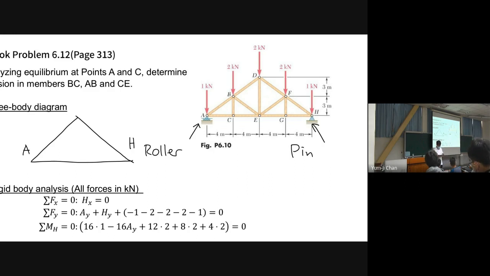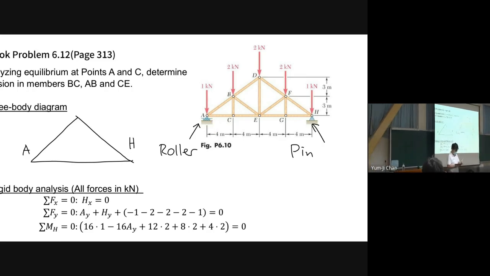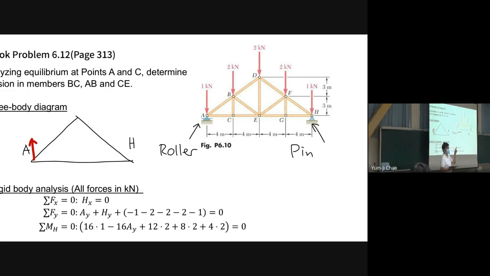For roller support, can we move to the left and the right? Yes, so we do not have a force there. Can we move up and down? No, so we have a force, let's say going up. And can it rotate? Yes. So we don't have a moment.